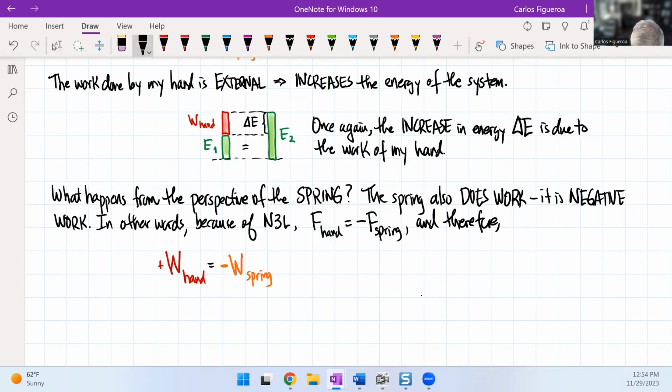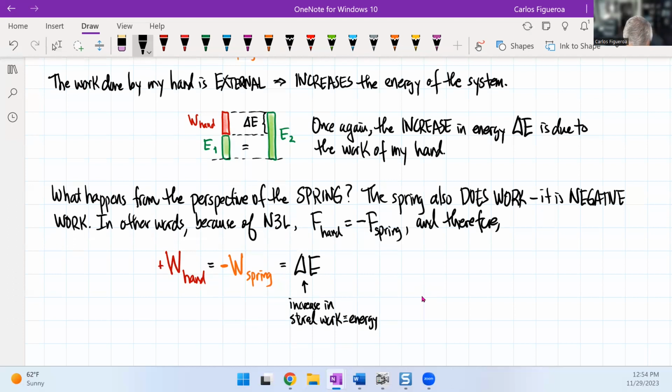In each situation, this energy represents an increase in stored work. Or in other words, we could also say that this is an increase in energy. So our goal is not to focus on the hand, it's to focus on the spring.